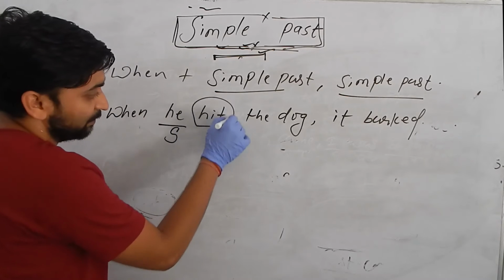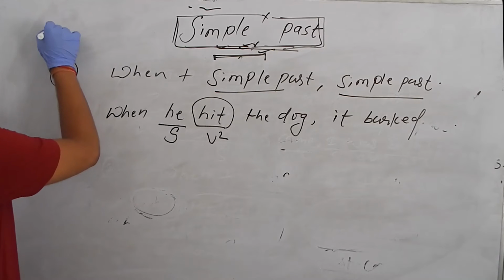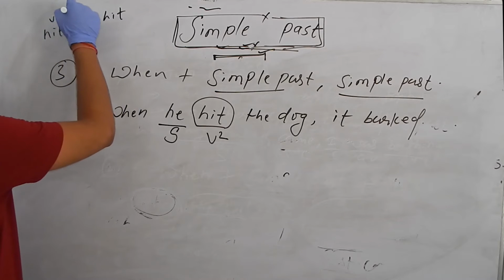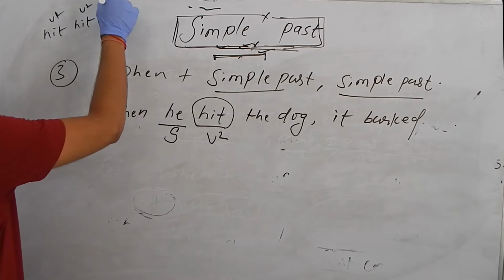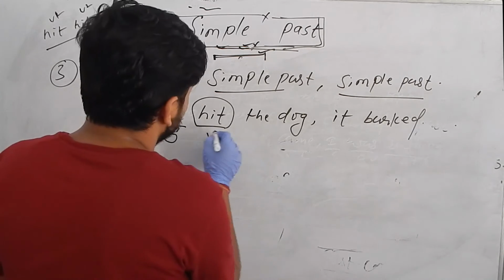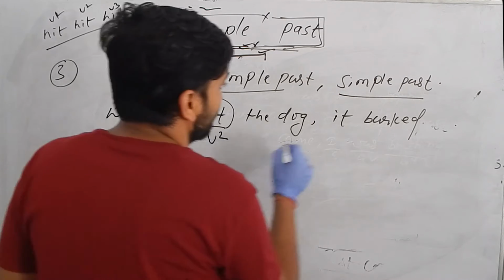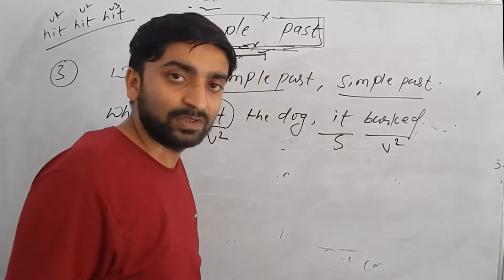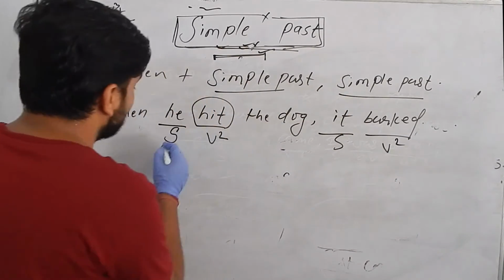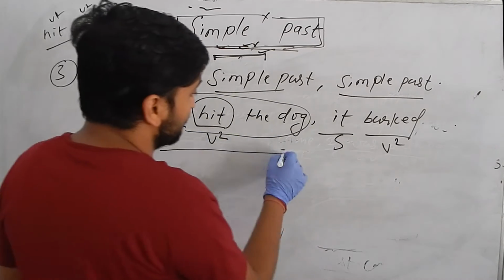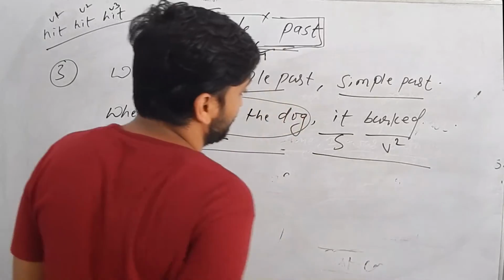Hit is actually V2. Hit, V2 is hit. All three forms are the same. V1, V2 and V3 are the same. See all three forms. Okay. So what is here? Subject plus V2, and here subject plus V2. So it is a little bit different from the second use. Here both are written in simple past. This is also simple past, this is also simple past.